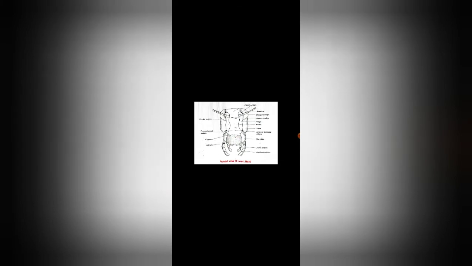Then the second sclerite is the clypeus. It is situated above the labrum and is divided into anterior anteclypeus and posterior postclypeus. Then frons.